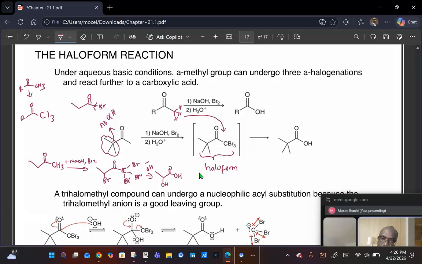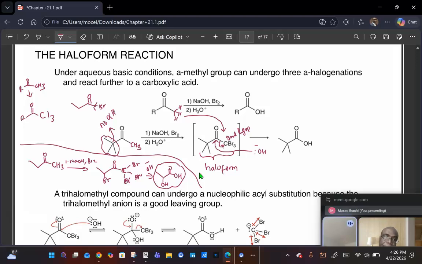We just want the carboxylic acid from the methyl ketone. So we make sure you start with an alpha carbon that has no alpha hydrogens. So you get this CBr3 and then OH minus. This right here is a good leaving group. So OH minus will kick out CBr3. That's a very strong withdrawing group. It's like CF3, which is why it's a good leaving group.